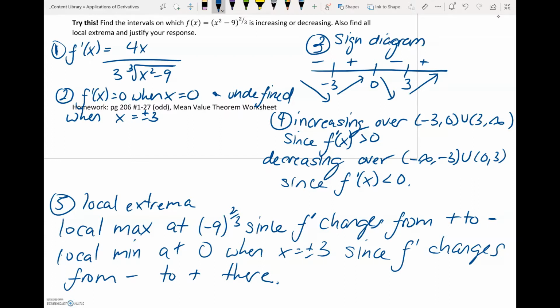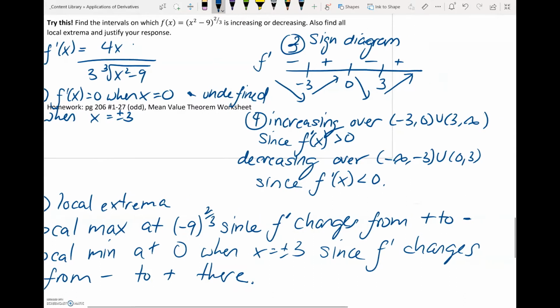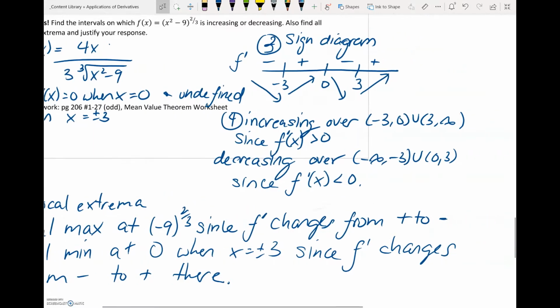Remember, when you're using your sign diagram, you're plugging in numbers within those intervals back into f prime, not f, but f prime. This will give you your values for decreasing and increasing for f, and tell you if f prime is positive or negative there. So once you have your sign diagram, you can see the picture of it.